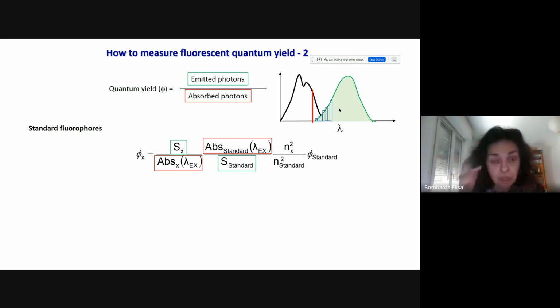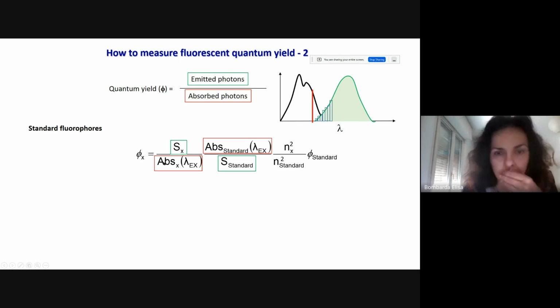And then you use the intensity of absorbance here in red, the parameter at the wavelength of excitation, which is proportional to the photons absorbed by your sample. The point is that one will say, okay, it's enough, I have it.